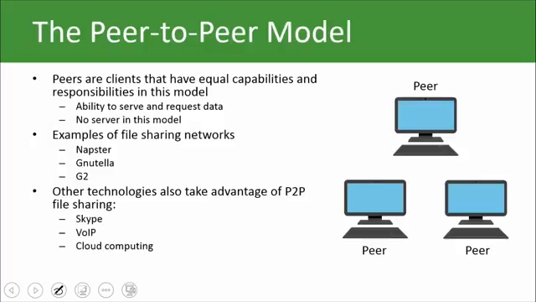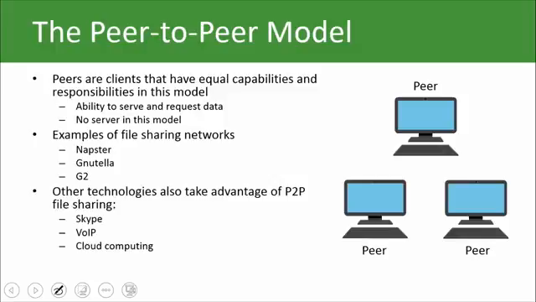All right, so a peer-to-peer model is different because it doesn't have a server. Peers are just client computers, and they all have equal capabilities and responsibilities. Each has the ability to send and receive data, or to serve and request data. And it's also fairly common. Skype and voice over IP, like I just mentioned, and also cloud computing use the P2P model.